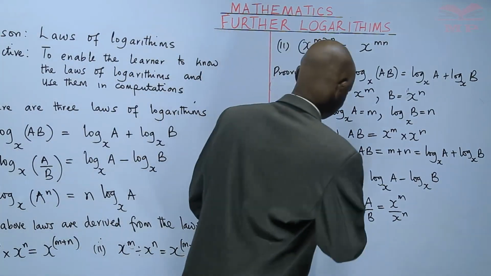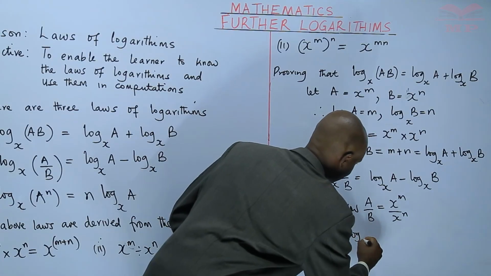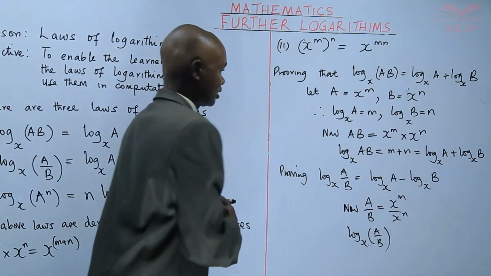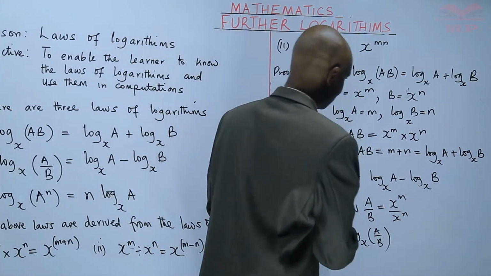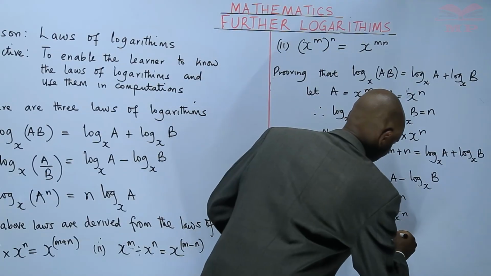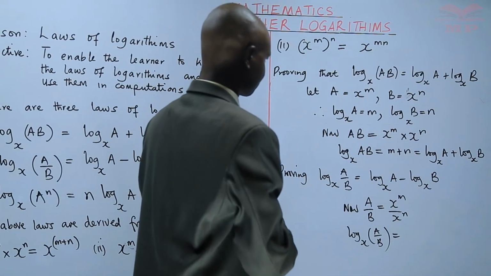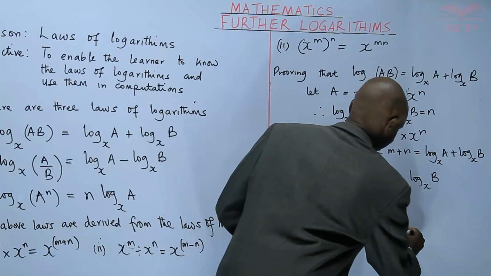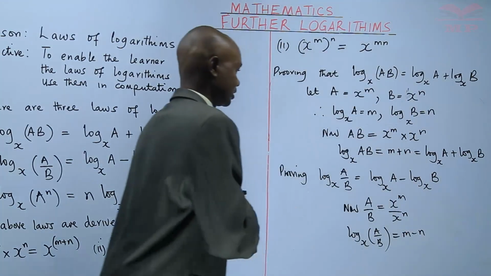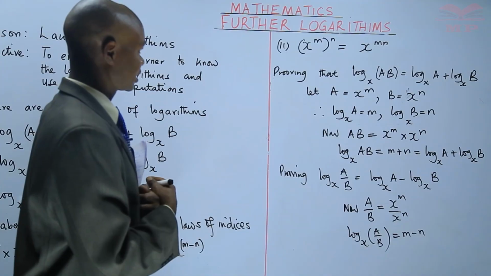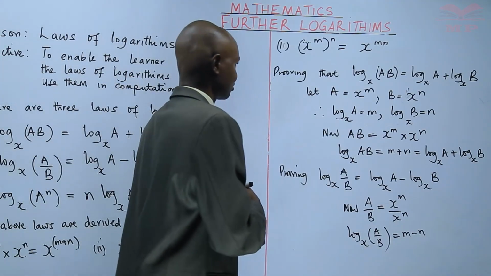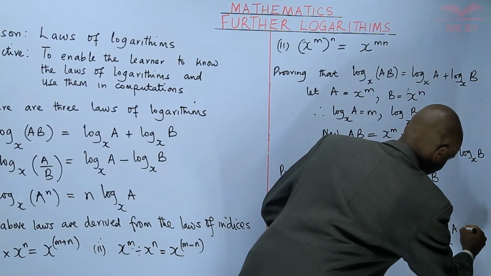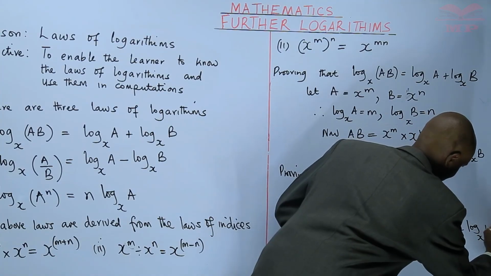You'll say log base x of a over b, when you have division, it will be subtraction, will be equal to m subtract n, which will be log to the base x of a subtract log to the base x of b.